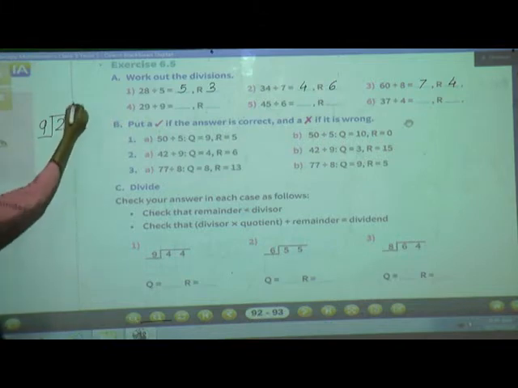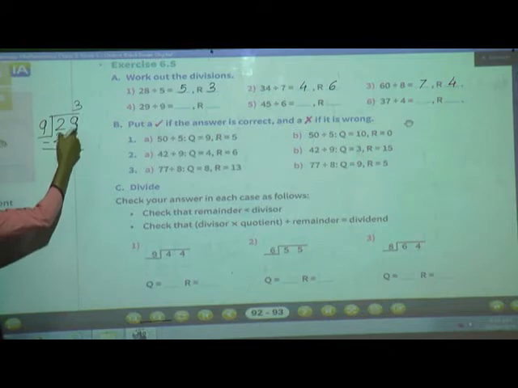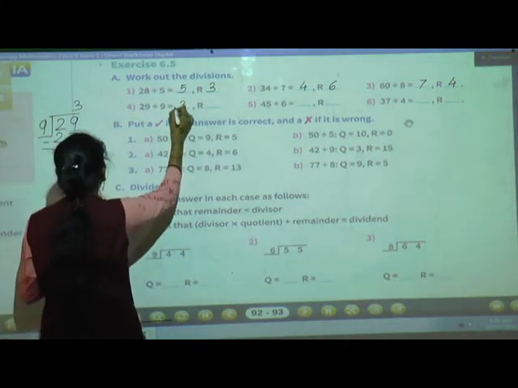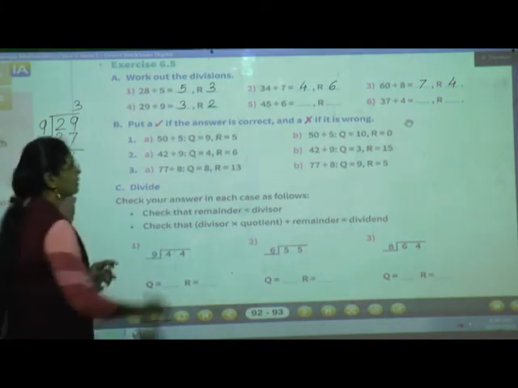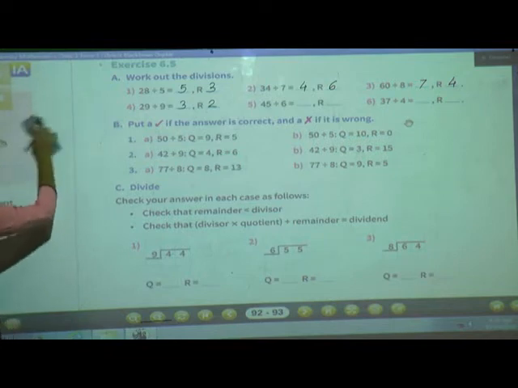So 9 3s are 27. Now do the subtraction. 27 you have to subtract from 29. So 9 minus 7, 2, and 2 minus 2, 0. So what is the quotient? Here 3 is the quotient and 2 is the remainder. So write here 3 and 2. Next, 45 divided by 6.